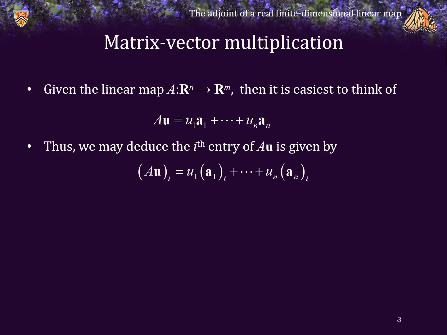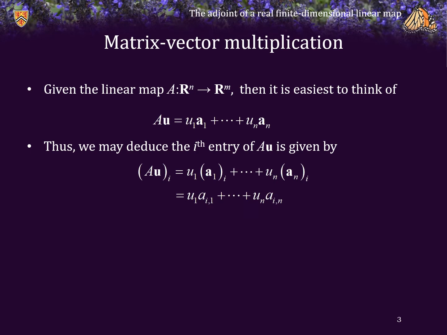Now, in that case, let's try to figure out what the ith entry of the vector A times u is. Well, the ith entry is going to be the ith entry of each of the corresponding column vectors, each multiplied by the corresponding entry in u.